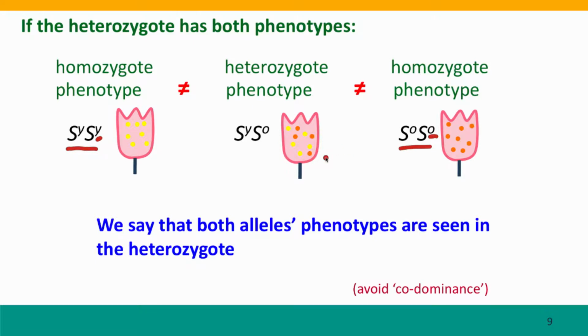What would we say? We would say that both alleles' phenotypes are seen in the heterozygote. And we would avoid the term codominance, which is traditionally used by geneticists, but is again very confusing because it implies that there's some kind of dominance going on in here. But there isn't any dominance, they're just both being seen.